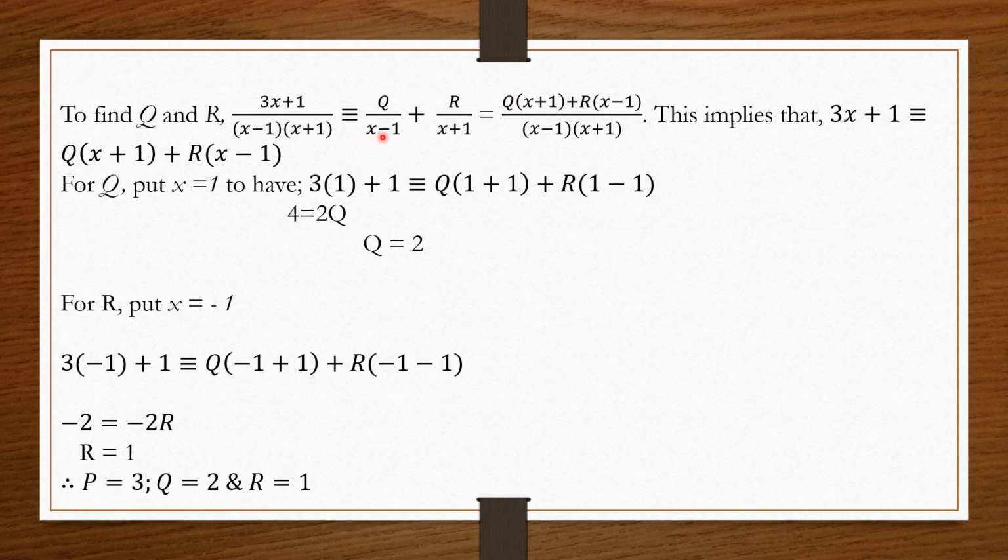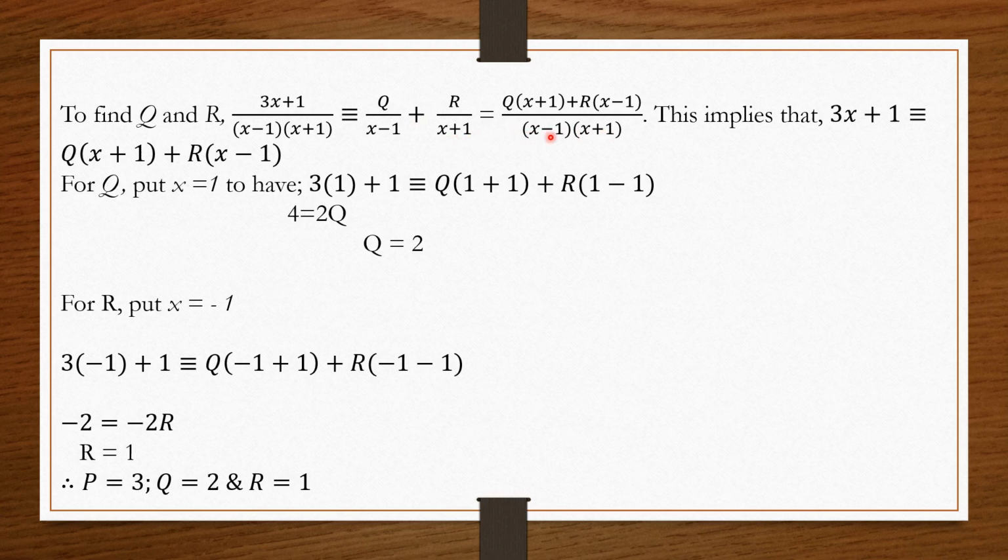I'm finding the LCM, it's just multiplying them. So I did x minus 1 in the first bracket multiplied by x plus 1 in the second bracket. That's the product of these two. Then I divided this multiple by x minus 1. I have x plus 1 remaining, so I multiplied it by q, and this is the result: q bracket x plus 1, close the bracket. Plus this here. Then divide this product by x plus 1.